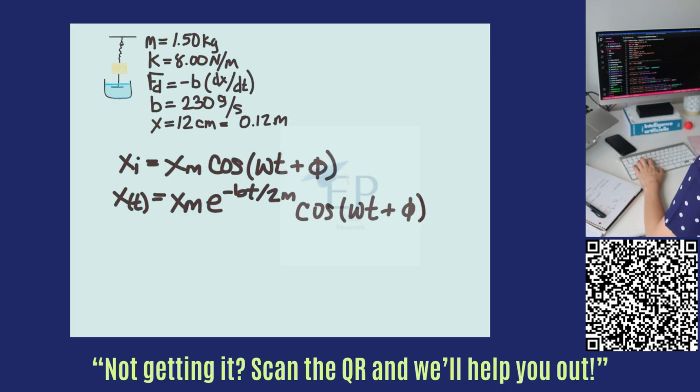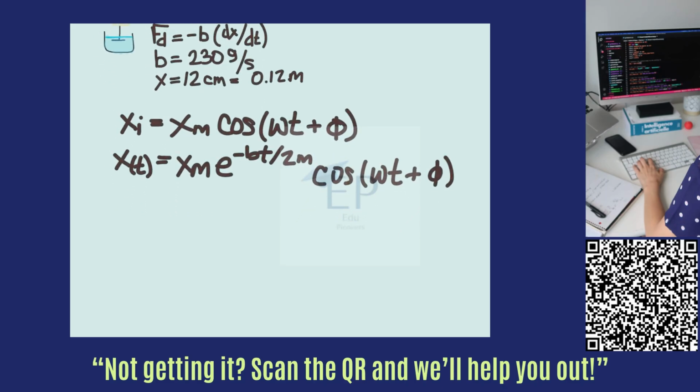And we're looking for when that is going to be 1/3 of the original value. So our x(t), we're looking for when it equals 1/3 of our initial value.